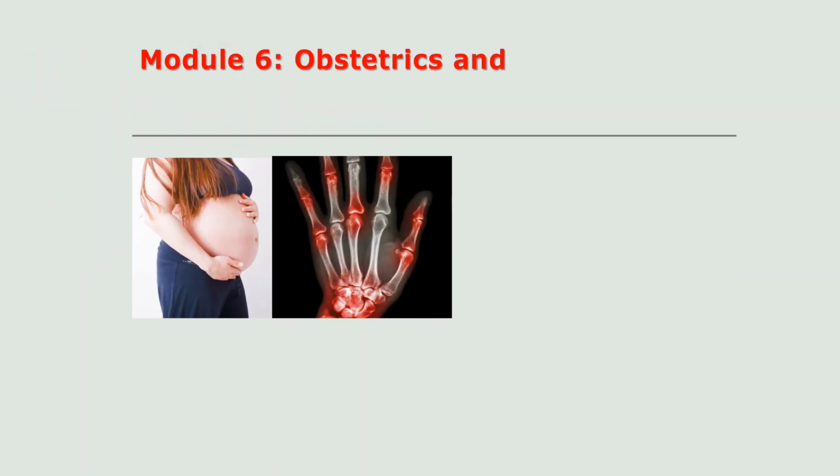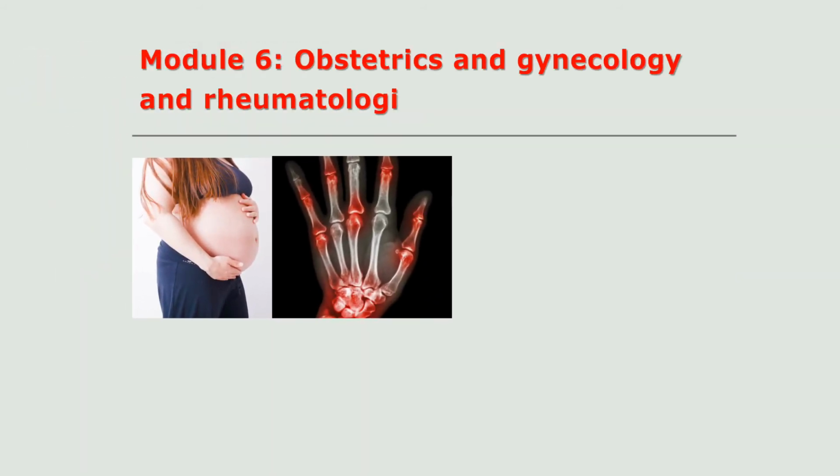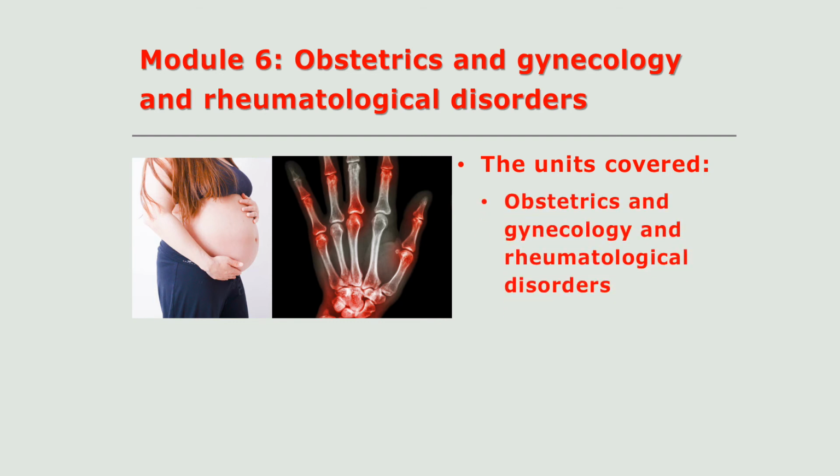The sixth module of the course covers obstetrics and gynecology as well as rheumatological disorders. There are two units covered in this module. The first one reiterates the module title and entails obstetrics and gynecology and rheumatological disorders. However, for the purpose of this presentation, I shall discuss obstetrics and gynecology in the next slide and rheumatological disorders in the slide after, like lactation.